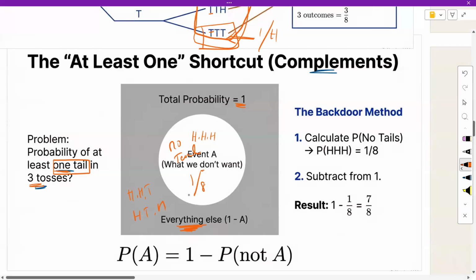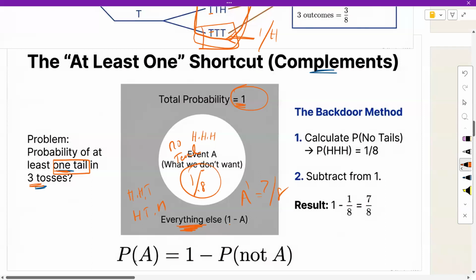All other possible outcomes consist of at least one tail. Everything else is simply 1 minus A. This is A, and the total probability equals 1. This is 1 over 8, so simply A complement is 7 over 8.